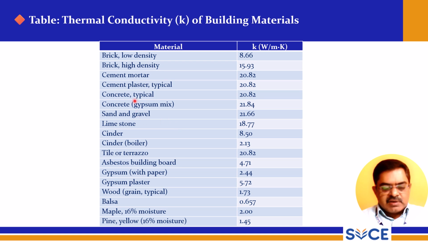So in all these cases, the thermal conductivity. So you can find this in the refrigeration and air conditioning tables also. But you can see the different materials, how they are producing the thermal conductivity, how the thermal conductivity is impacting the air conditioning system for different materials.